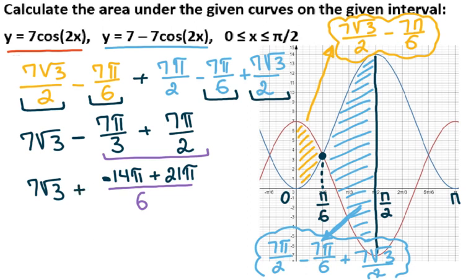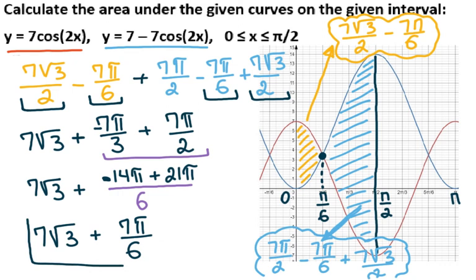It's addition, and 7 pi over 3 is negative, so I have to be careful when I place them together in the fraction. So I have 7 square root of 3, and then 21 minus 14 gives me 7 pi over 6. So the final answer for the area underneath those two curves is 7 square root of 3 plus 7 pi over 6.